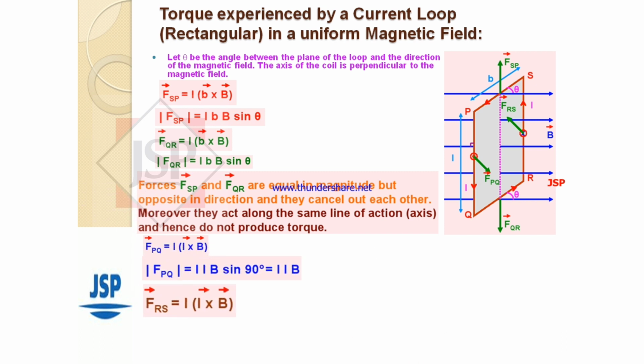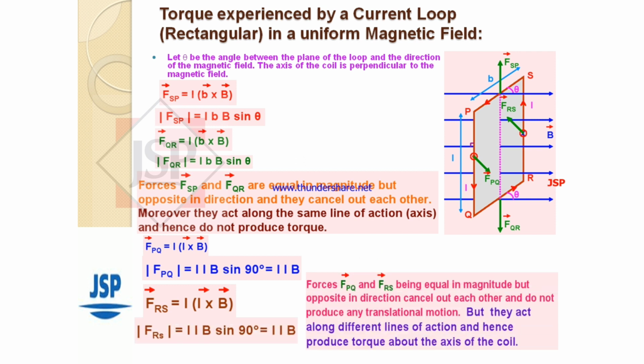That is F PQ vector equal to I L vector cross B vector, or modulus of F PQ equal to I L B sin 90 degrees.